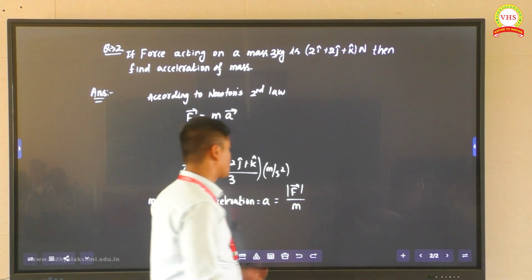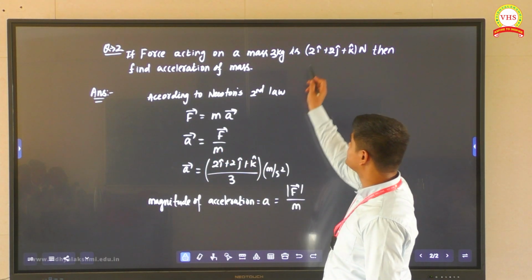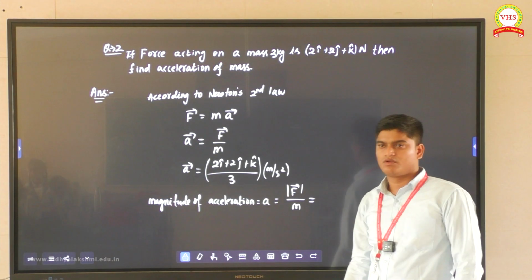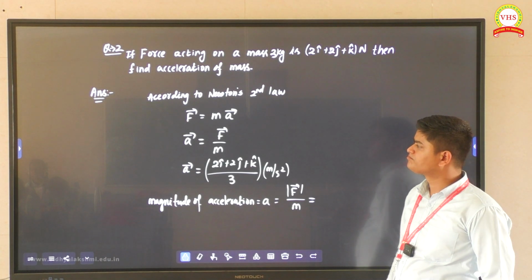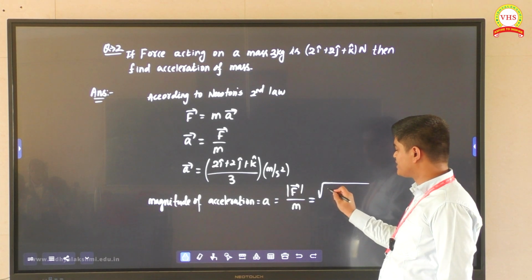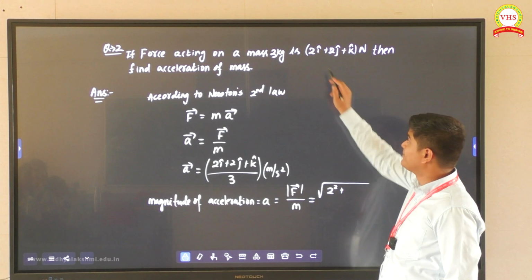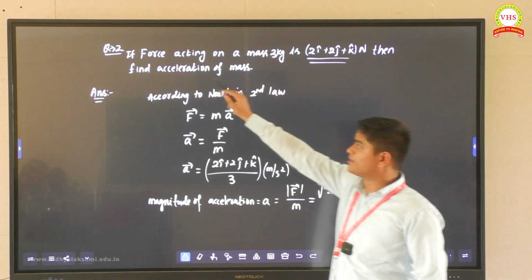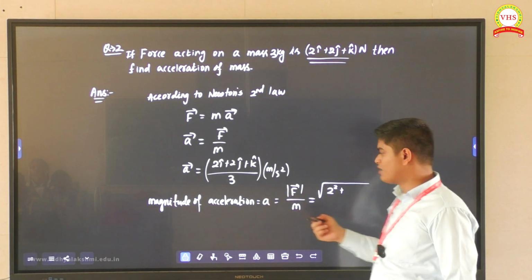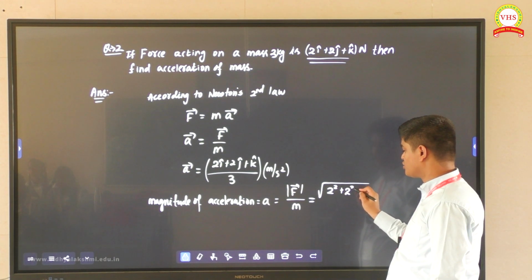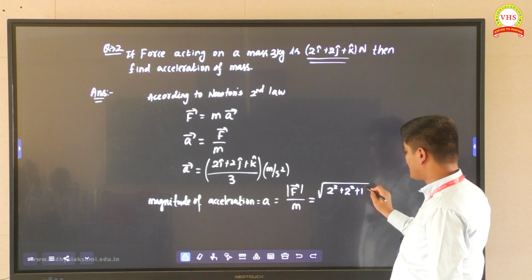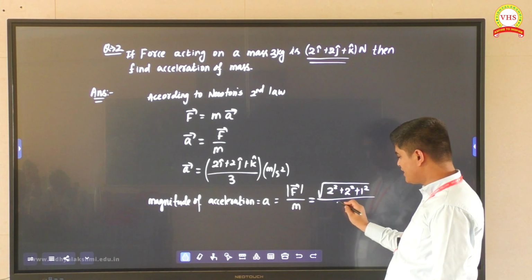Now can you tell what is the magnitude of this force? Root under the i cap coefficient square. Remember, the force is given in component form. So if a vector is given in this format, then its magnitude is root under 2 square plus 2 square, that means i cap coefficient square, j cap coefficient square plus k cap coefficient square, divided by 3.